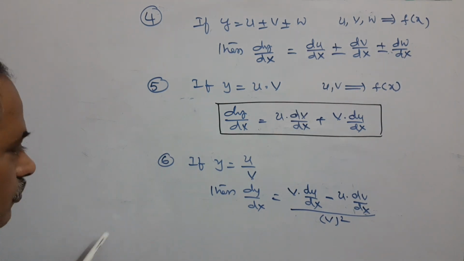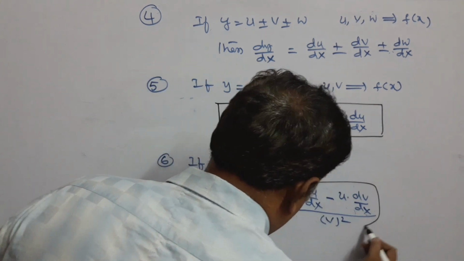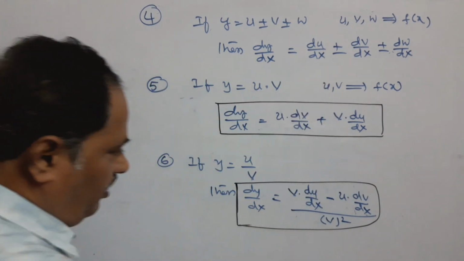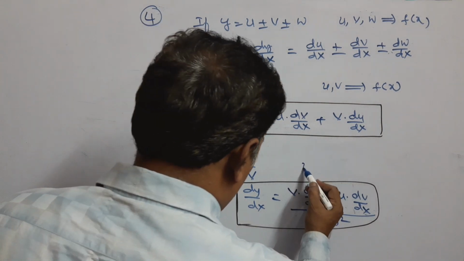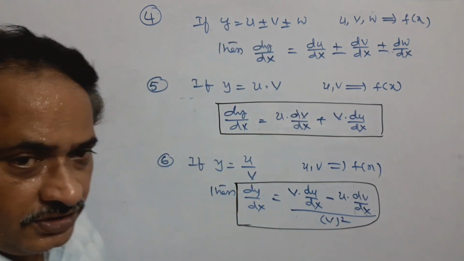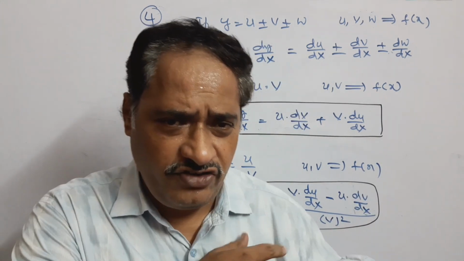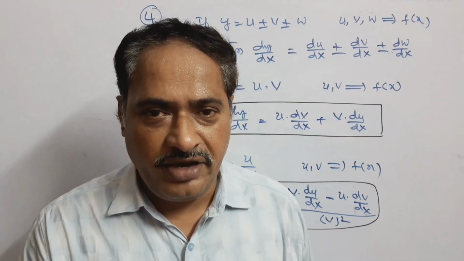Therefore, you should consider this part which is in the form of u by v division, where u and v are once again functions of x. There are so many equations once again, like the logarithmic function, where you get 1 by x.